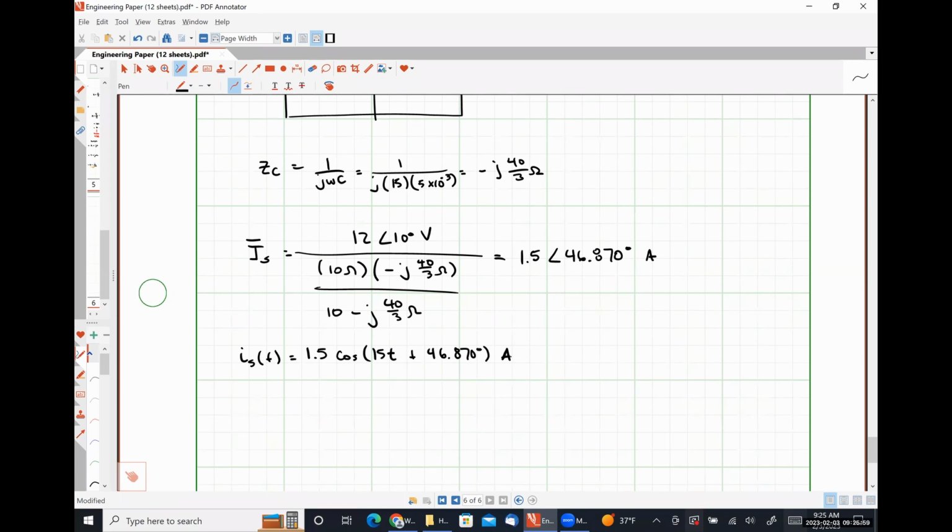So if we understand how to convert from the time domain to the frequency domain, meaning we understand how to represent voltages and currents as phasors, and how to represent resistors, capacitors, and inductors as impedances, we can just do DC circuit analysis techniques using complex numbers to solve any problem that I can throw at you guys.